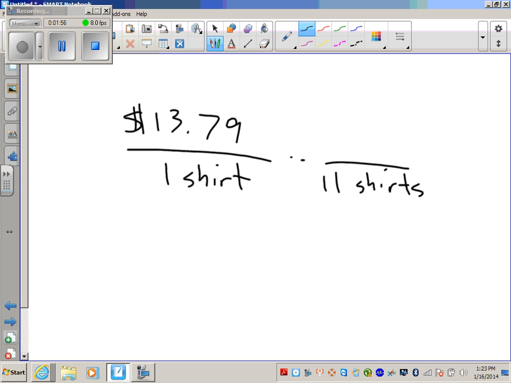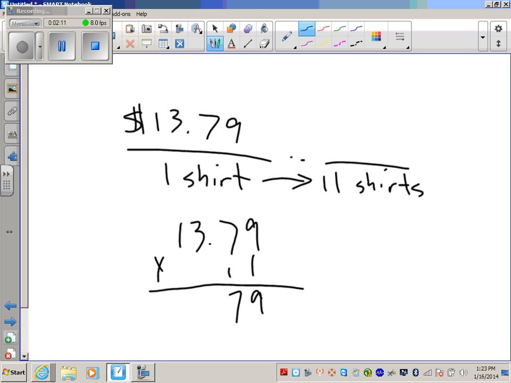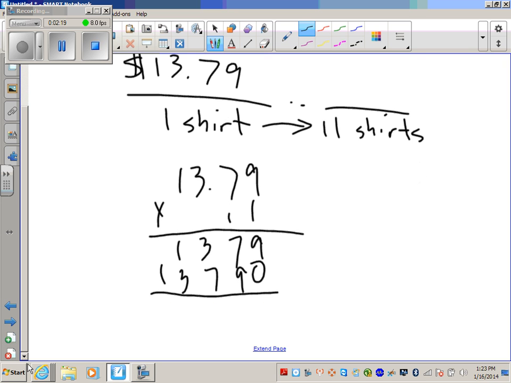Good. So then we look for a relationship, and since it's our own ratio, to get from 1 to 11, we multiply by 11. So I'm going to multiply 13.79 times 11. 9, 7, 3, 1, drop the 0. 9, 7, 3, 1. 9, 16, 11, 5, and 1.